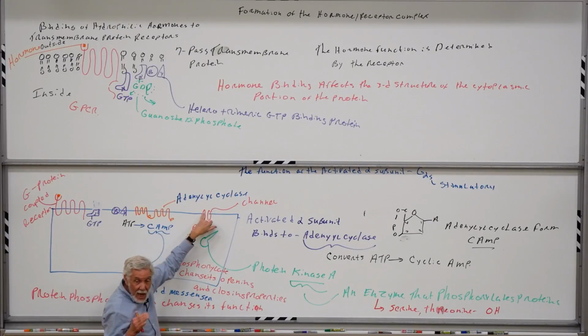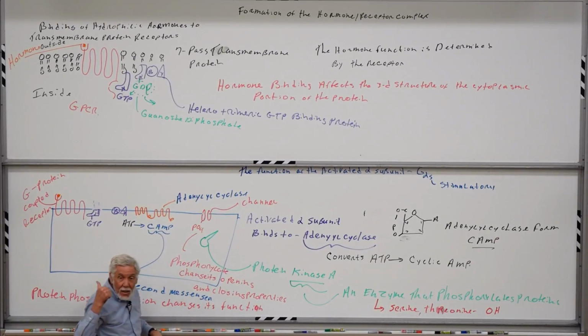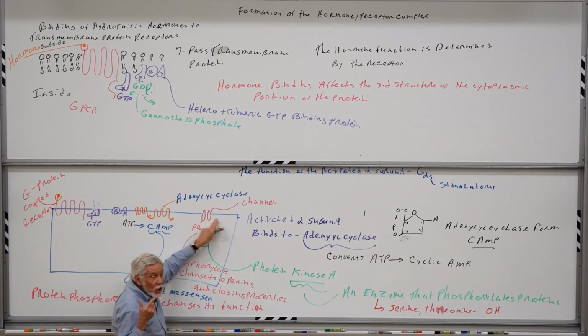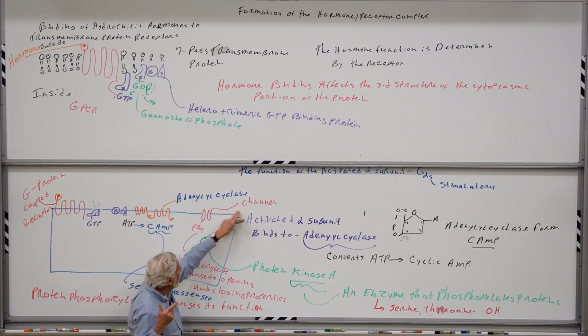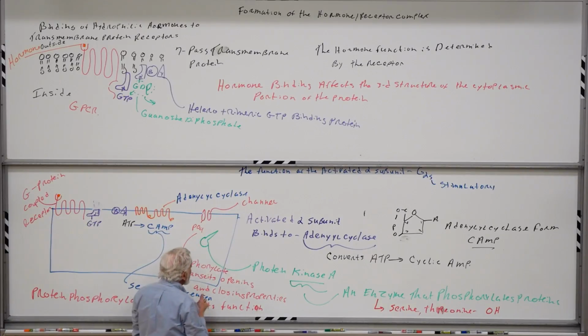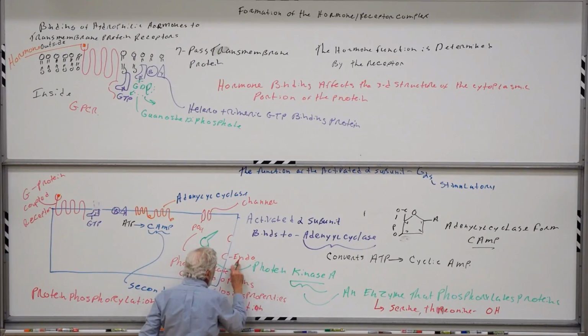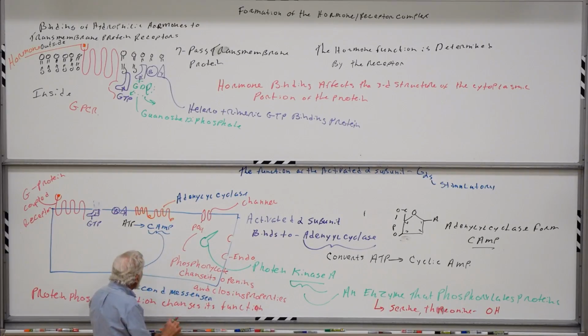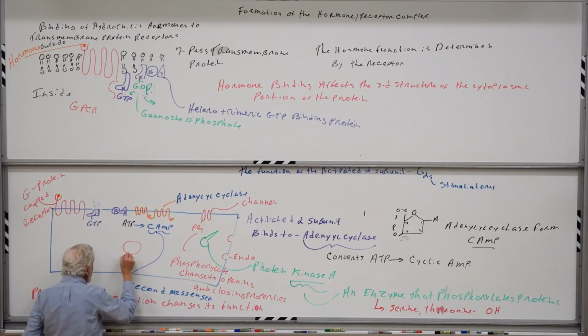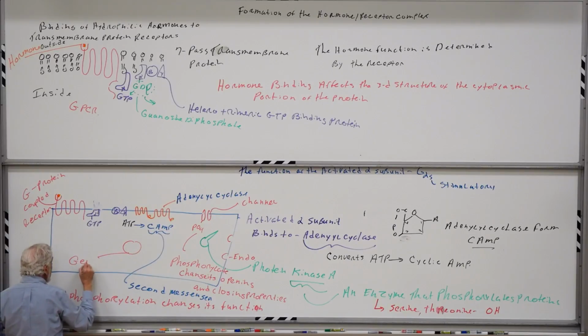Because remember, we said last time that the kinds of things we can affect with hormone regulation are: we can affect enzyme activity, adenylyl cyclase; we can affect channel opening and closing, a transmembrane protein being a channel; we can affect exocytosis and endocytosis, which also appear to be through phosphorylation events; and finally, we can affect gene transcription and translation.